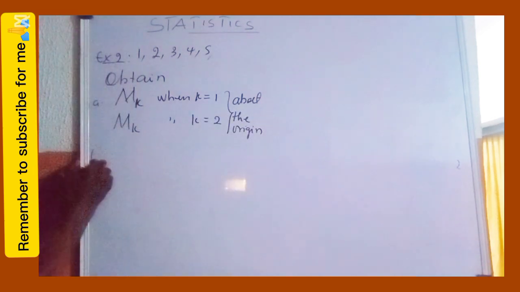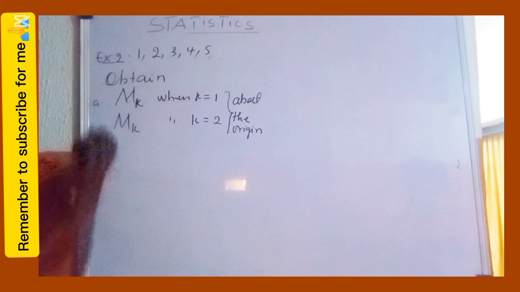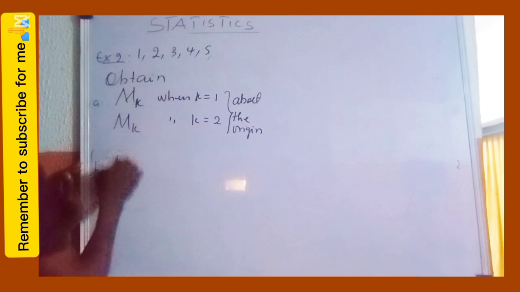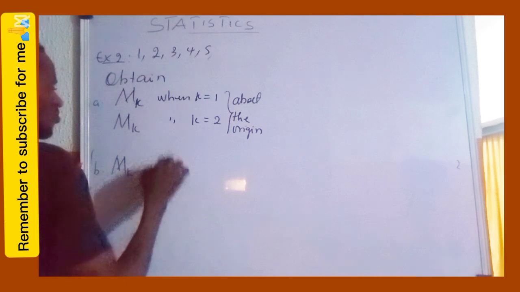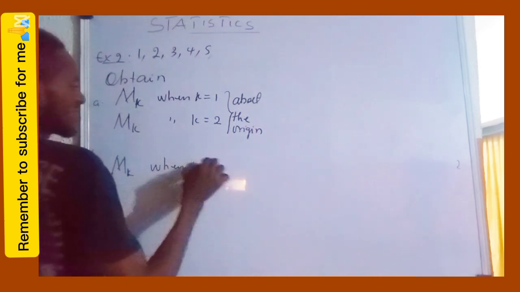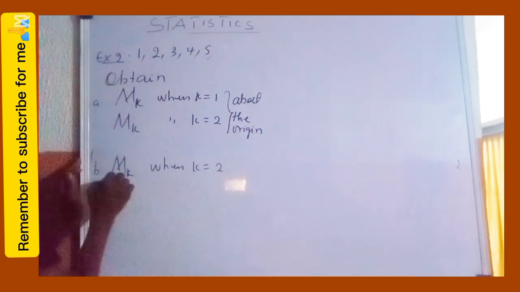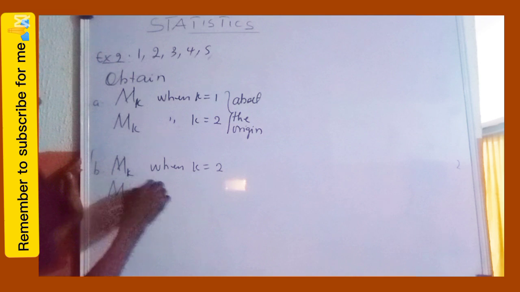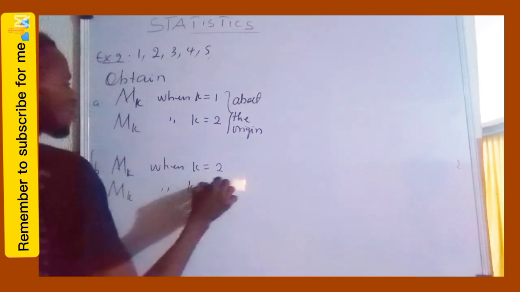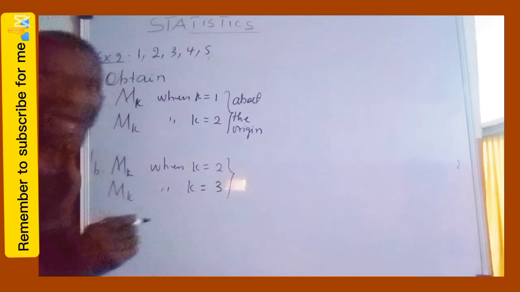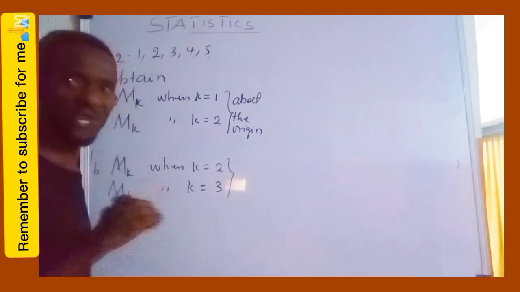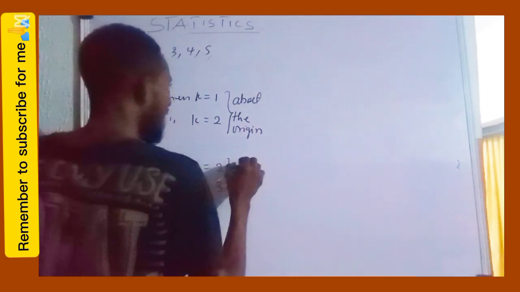Then let me quickly say that number B is asking us to obtain M_K when K equals 2, and then M_K when K is now equal to 3. This time around, it is about the mean of the random variable.